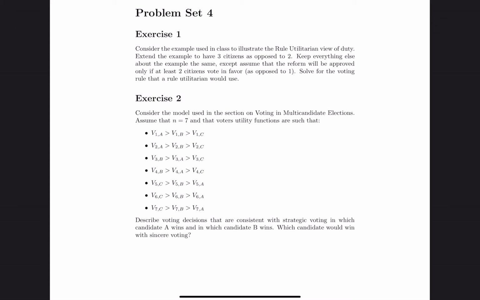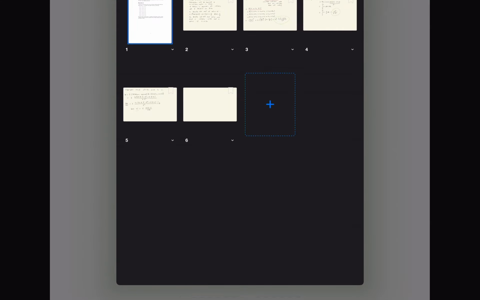It sounds kind of paradoxical, but it is like this. So let us start with strategic voting, and let us start with a situation where candidate A is winning.